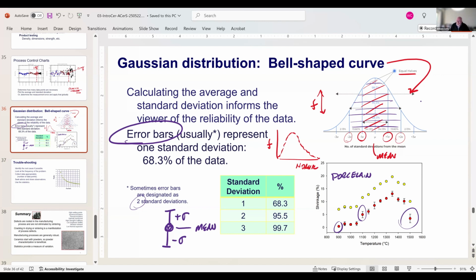The difference would be a narrower distribution, like this. It could be at the same height, it comes back down, it has a narrow distribution. It should be similar in shape to that, but a narrow distribution is a smaller standard deviation. So that's what the bars represent.